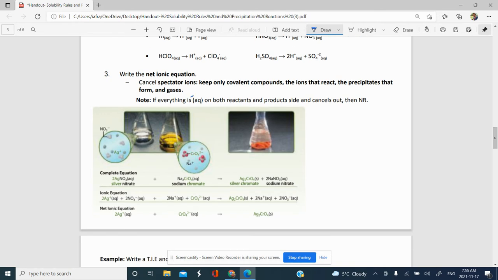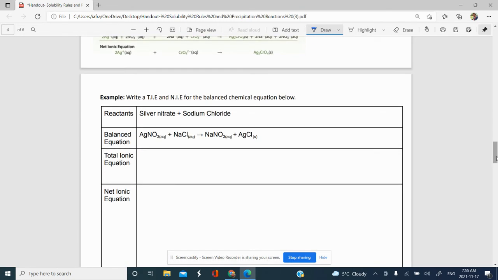And you usually see that when you have everything being aqueous on both sides, unless you have the compound breaking down, because the compound that breaks down makes a gas and a liquid. But for the most part, we're going to be focusing on these precipitation reactions where you'll have a precipitate or not. And so we saw in the previous video a little overview of how to do that. Let's go do some examples now.